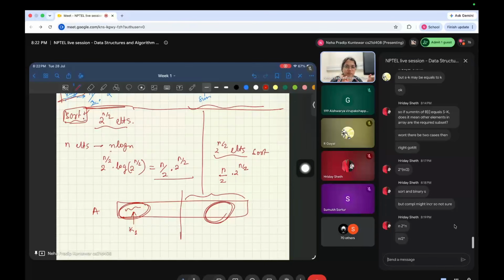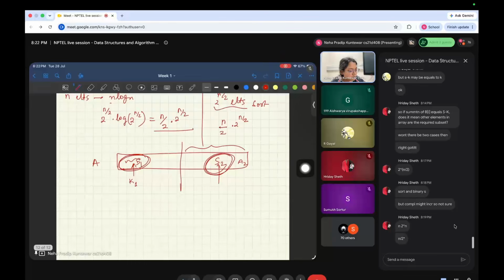What should be the value of some subset here in A2, so that, let me call this S1, let me call this S2, so that k1 plus the summation of S2 of i gives you the actual sum that you wanted, which is k?